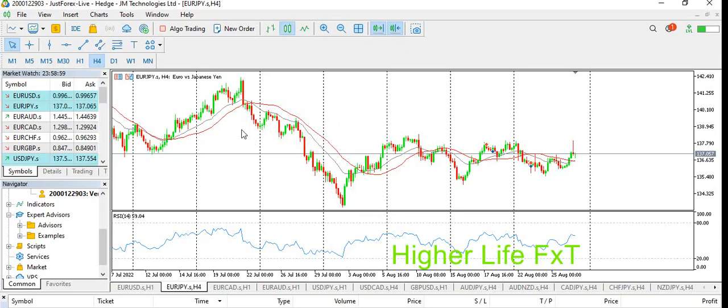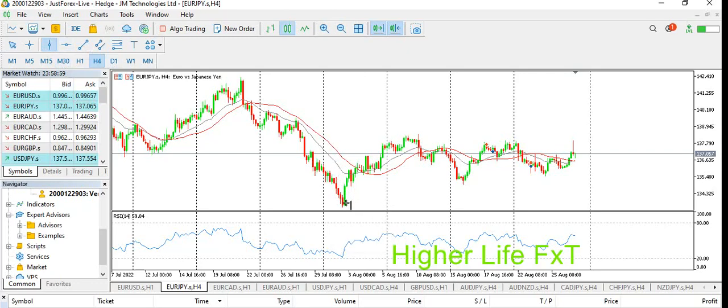As you can see, for instance, the market was moving downwards here up until this area, and the market could not break past this area here. So this area we tend to call support.